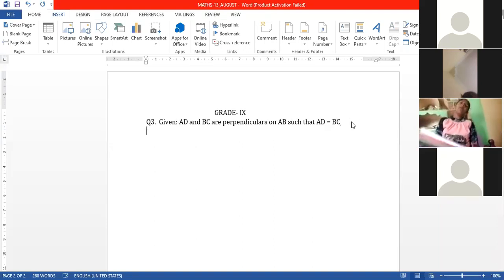To prove, don't follow shortcut, student. To prove CD bisects AB. What is the meaning of CD bisects AB?